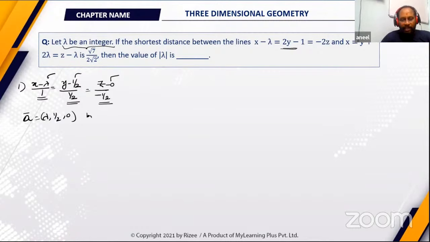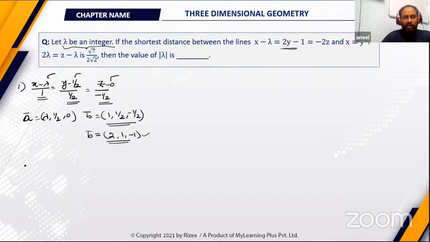In case you are not comfortable with the fractions, you can multiply by any number other than 0. Suppose I multiply by 2, then I can take 2, 1, minus 1 also, because direction ratios are infinite. You can take them according to your comfort. You must multiply all three coordinates with a similar number.